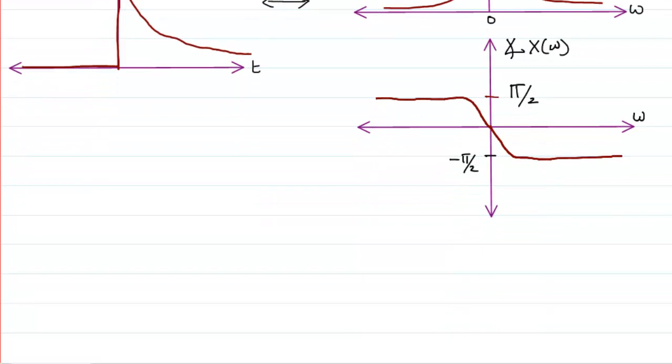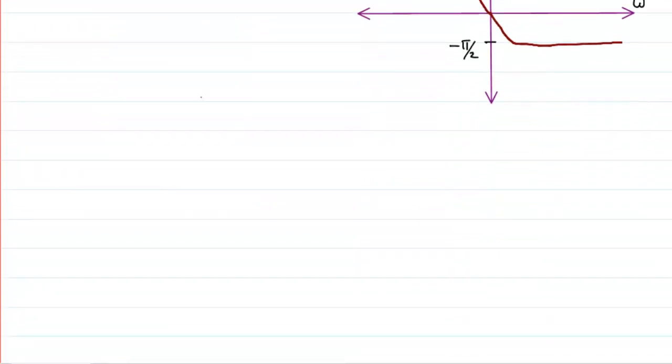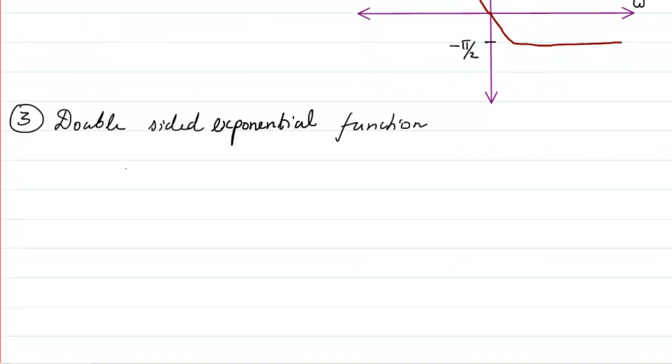Next we will go for the next function. The next function is a double-sided exponential function, where it is given that x of t is equal to e raised to power minus a magnitude of t.